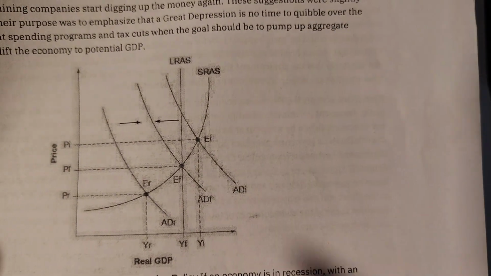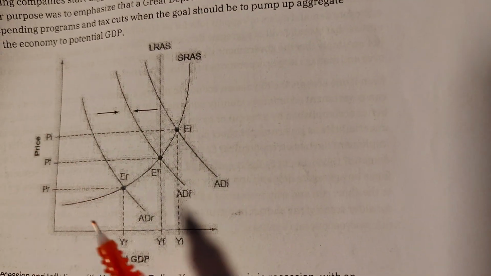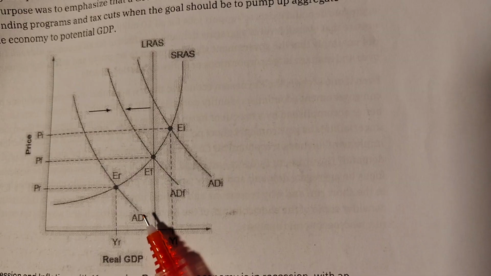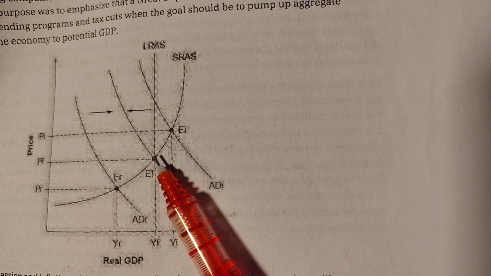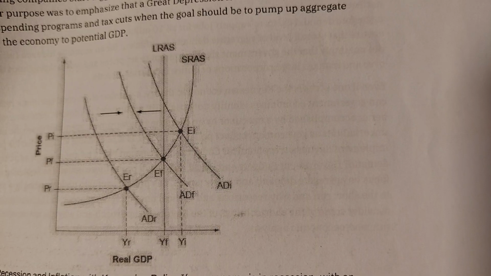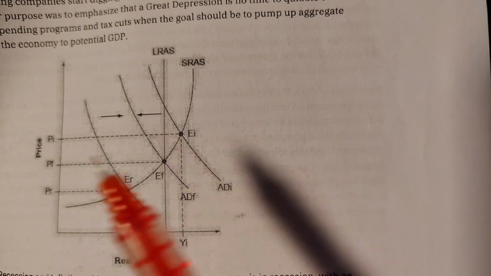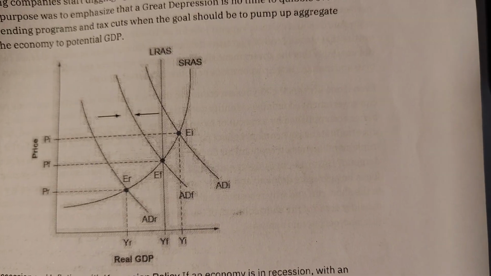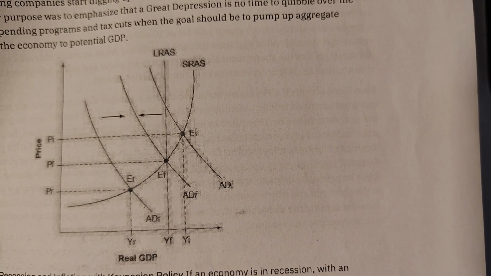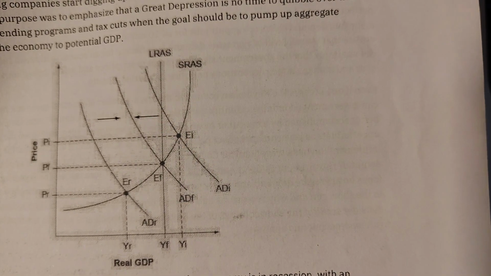We can see that here, this is the aggregate demand curve that's consistent with a recession. And so what are we going to want to do? We're going to want to shift this aggregate demand curve to the right somehow. If you remember from the lecture video, how do we shift the aggregate demand curve to the right? We either increase government expenditure, so we get an increase in G, or we get a decrease in taxes.